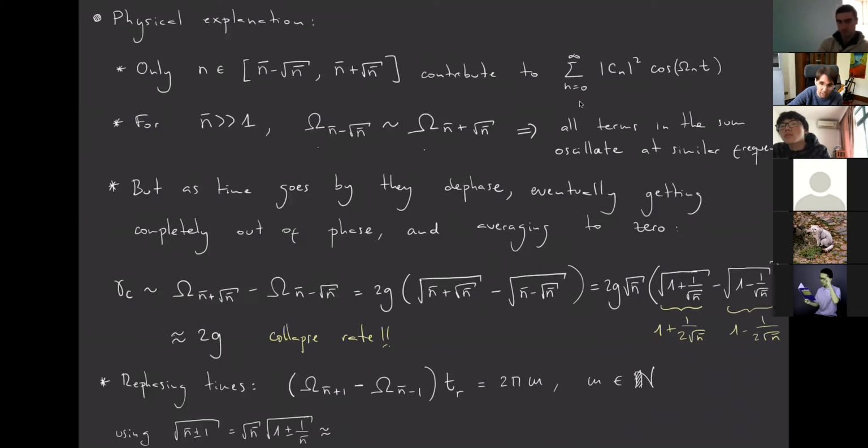This is approximately equal to square root of n times 1 plus or minus 1 over 2n. Again, this is a Taylor series expansion. Then we get a rephasing time, or if you want, revival time, which is approximately pi square root of n divided by g, times the integer m. And this is what we estimate to be the revival time.